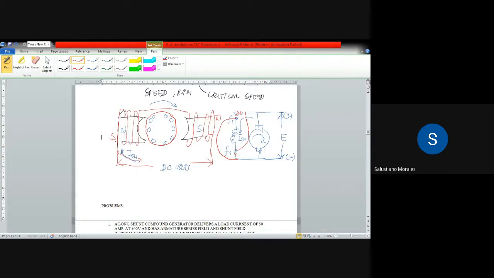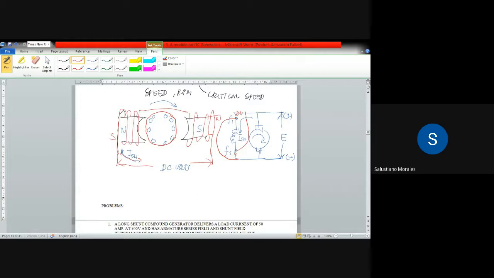So there's a time that the flux produced by the coil is the same as the residual magnetism, and the total now will be zero because they will cancel out each other. And if that is already zero, the flux that is cut by the conductor is already zero, and the generated voltage is zero. So, yan.